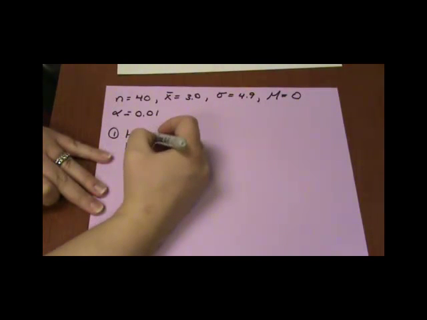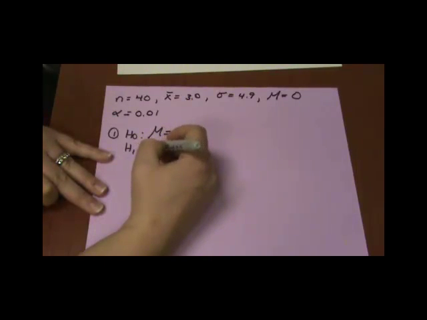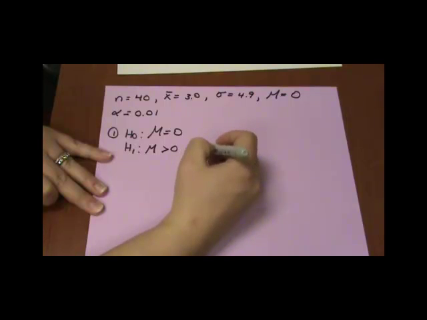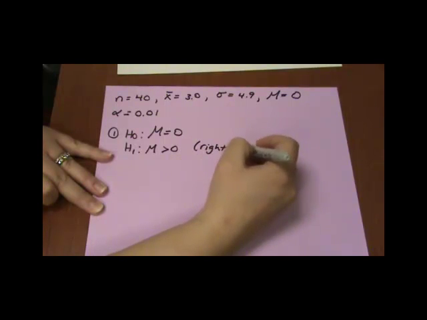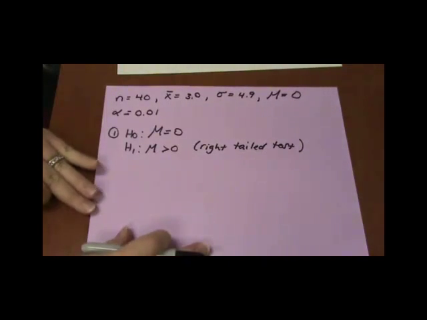Remember H0 is always that the mean is whatever it is in your claim. H1 comes from the sentence that's talking about your claim. It says test the claim that the mean weight loss is greater than 0. Alright, this means I'm doing a right tail test. Okay?